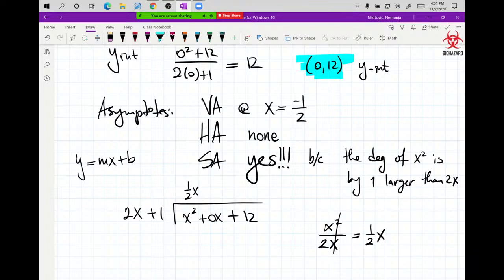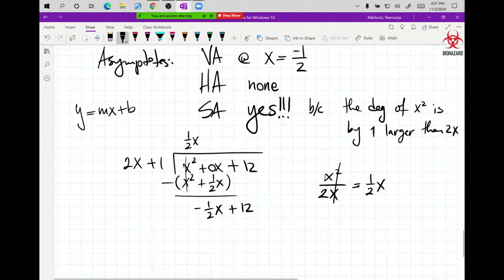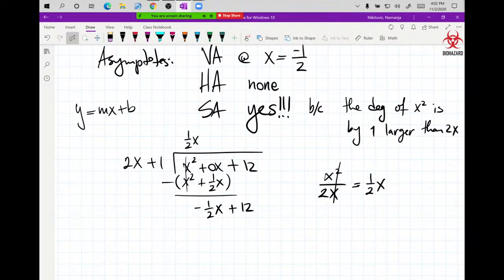So now you multiply everything back, you get your x squared plus 1/2 x, and then you subtract these things. So what you get is negative 1/2 x, and you can drop down plus 12. Now you're asking yourselves how many times 2x goes into negative 1/2 x.